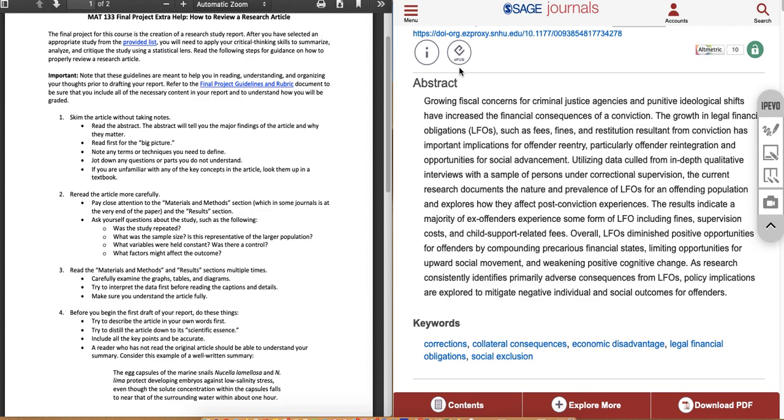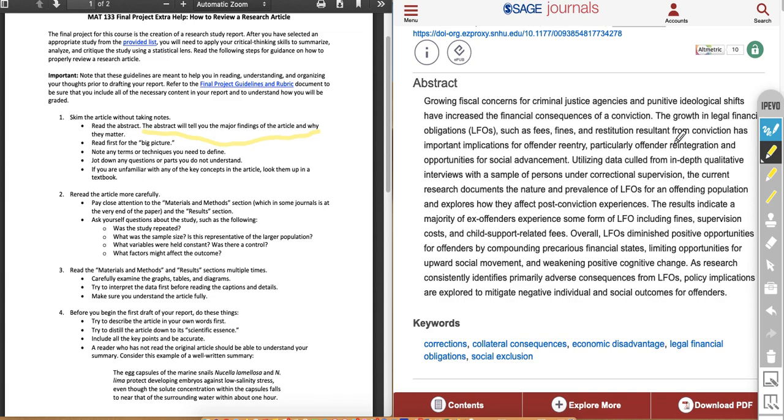An important key piece that you always want to review is the abstract, and it notes it right here. Skim the article without taking notes, read the abstract. It's going to tell you the major findings of the article and why they matter. So very important to read that over, read it several times. I can't stress that enough.